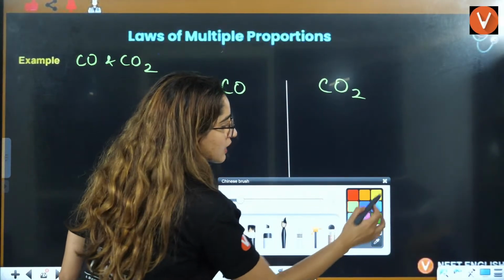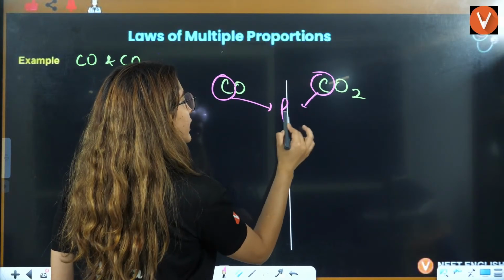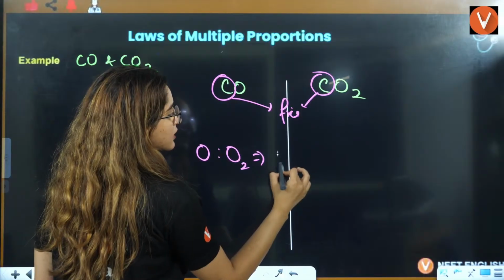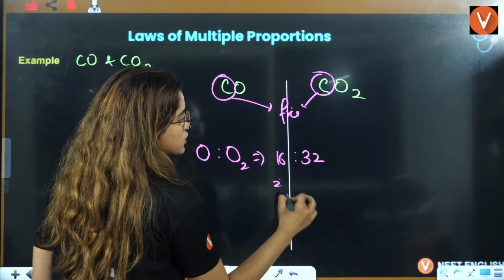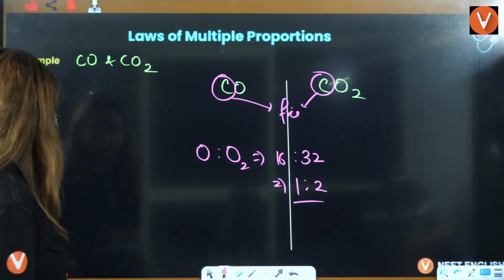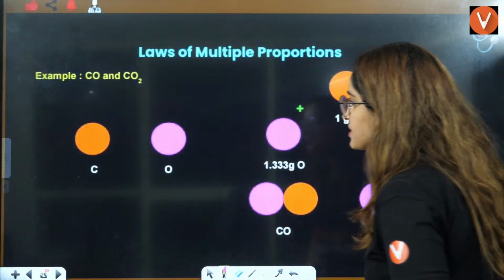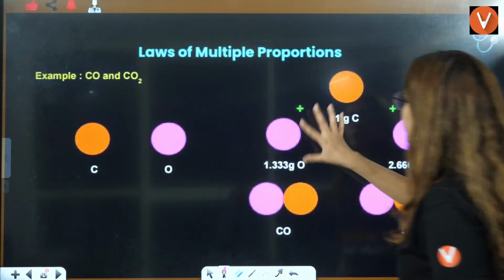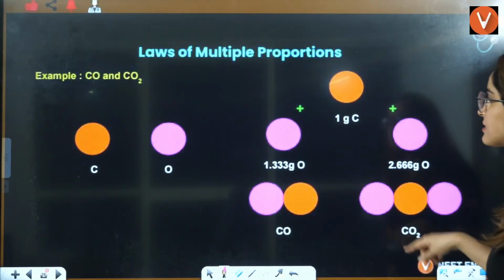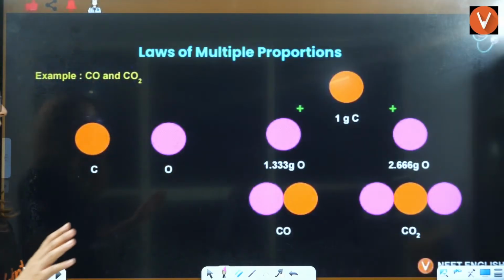Which mass I can fix? I can fix carbon here. Fix carbon. It is fixed. Now oxygen ratio, oxygen 2 is nothing but 16 ratio 32, that is 1 ratio 2, that is the simple whole number ratio. This is what they have illustrated with the help of diagrams. You have carbon and oxygen, it forms two kind of compounds, one is CO and the other is CO2, right? Okay, understood?